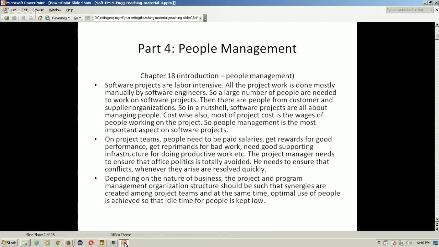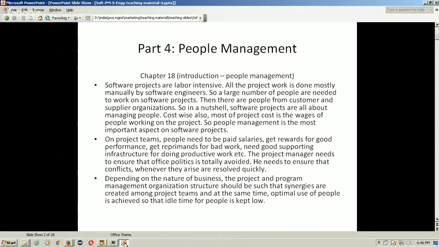On project teams, people need to be paid salaries, get rewards for good performance, get reprimands for bad work, and need good supporting infrastructure for doing productive work, etc. The project manager needs to ensure that office politics is totally avoided.